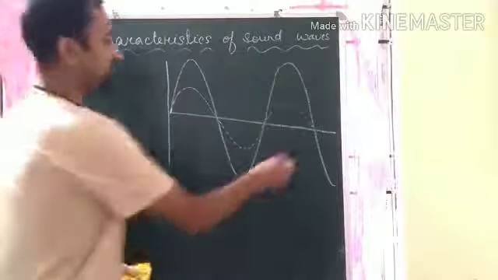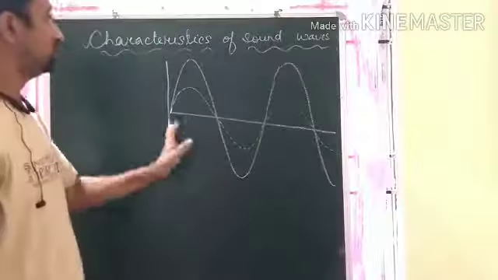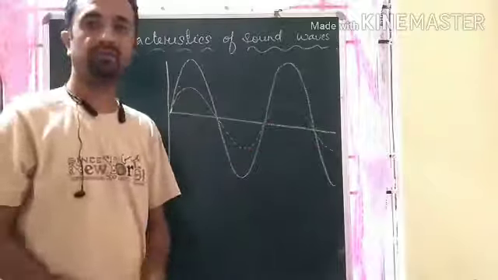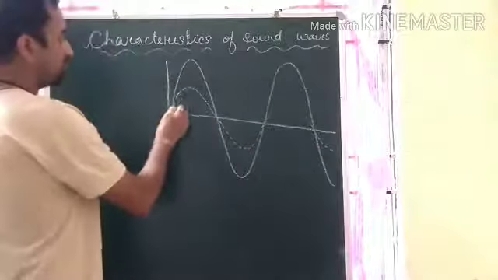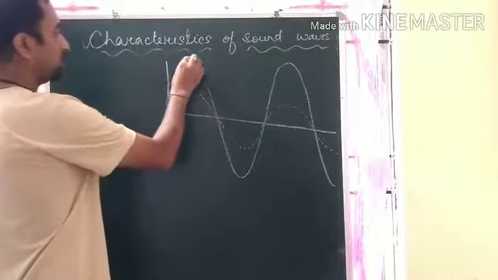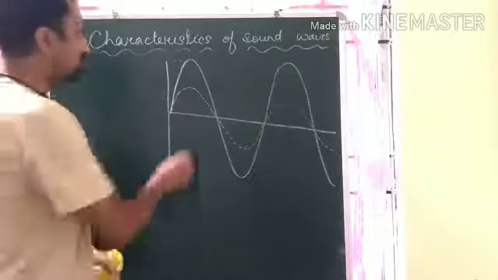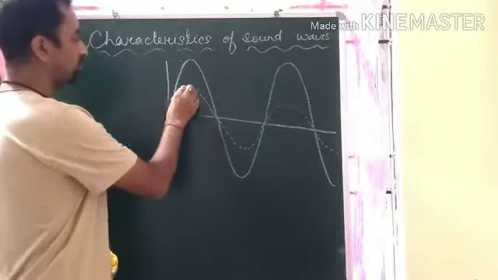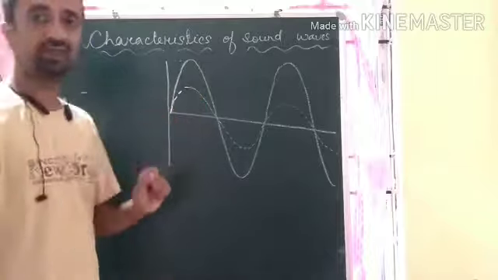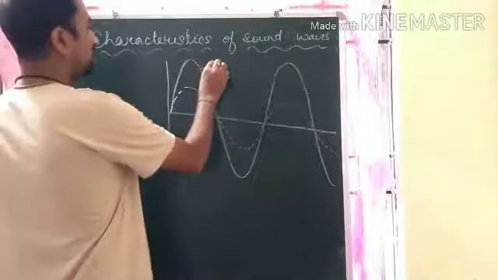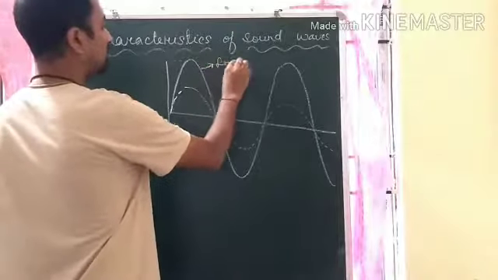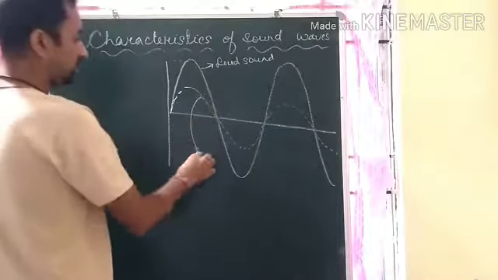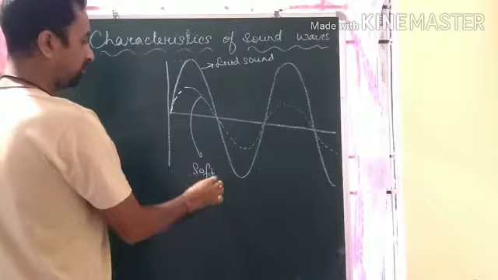There are two waves here, one the solid line and the other a dotted curve. If you see the solid curve, here the amplitude is more, and for the dotted one, you see the amplitude is less. So we can say that the solid one is a loud sound and the dotted one is the soft sound.